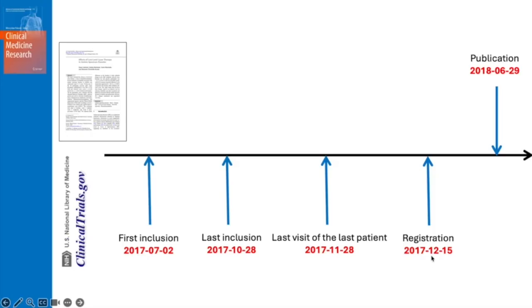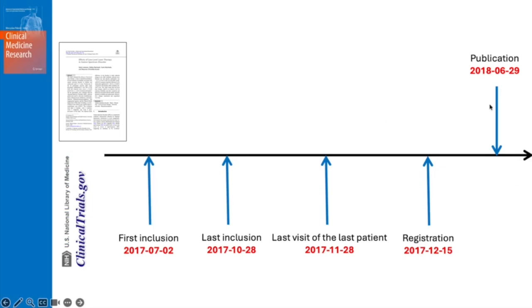And the registration was done in December. So basically, we have a retrospective registration. Retrospective registration is not such a good practice, so it should be prospective registration. Registration should be before the first inclusion and not after the last visit of the last patient.